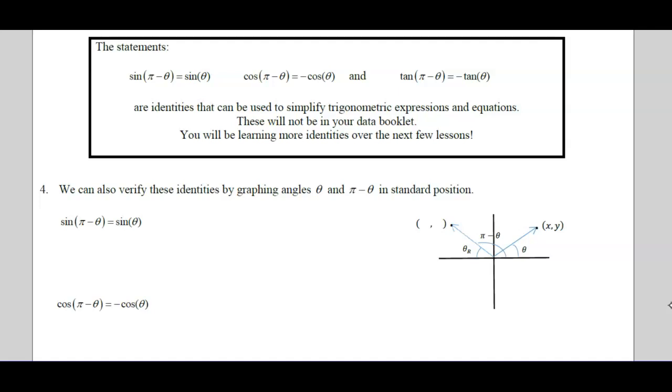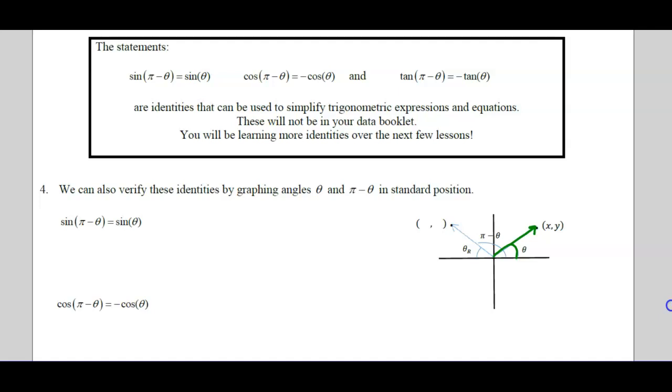Okay, so you can also look at these, folks, by thinking about the unit circle. So again, this is a little bit hard to see on your notes, but you can see here I've graphed the terminal arm going to point xy, and there's your angle theta. Okay.